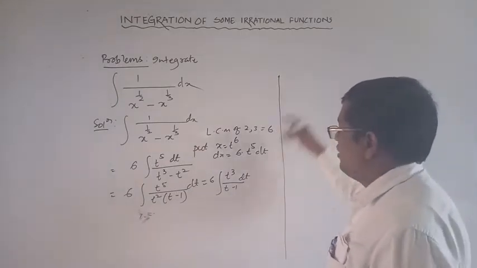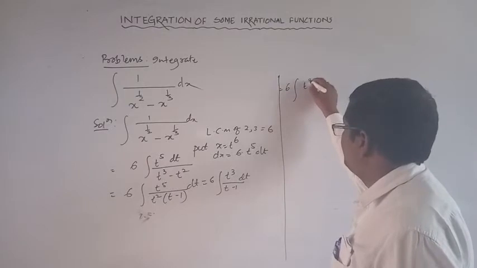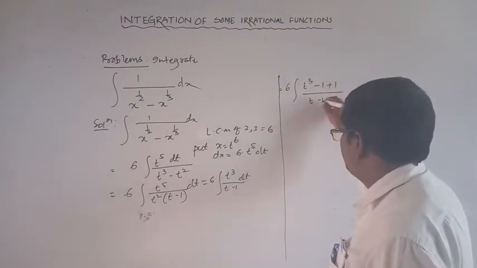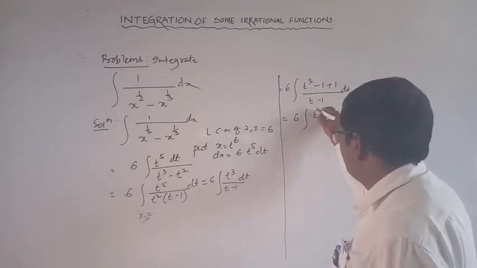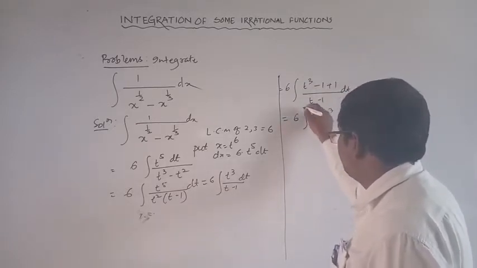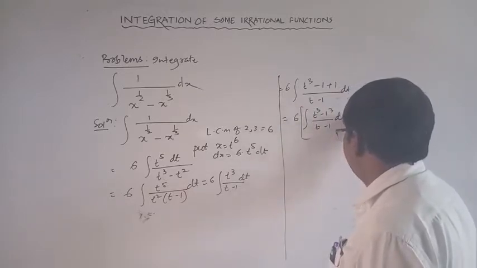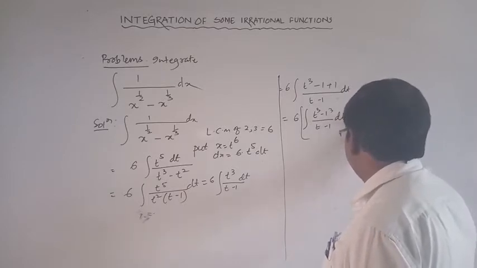Again, adjust here: 6 into t cube minus 1 plus 1 divided by t minus 1 dt. So this is equal to 6 into t cube minus 1 cube divided by t minus 1 dt plus 1 by t minus 1 dt.